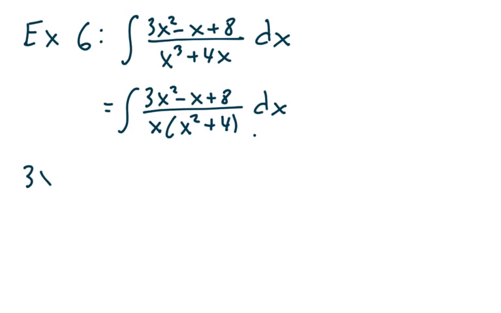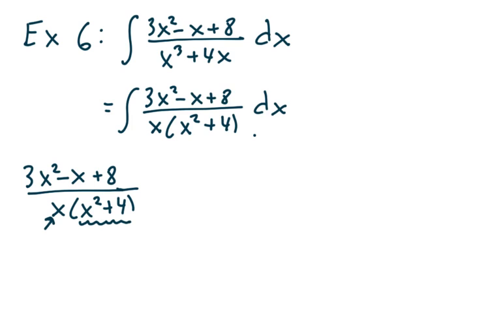And I'm going to break this up with partial fractions. So (3x squared minus x plus 8) divided by x times (x squared plus 4). So notice how one of the factors in the denominator is linear and the other one's quadratic. So I'm going to show you what the numerator has to look like for each.